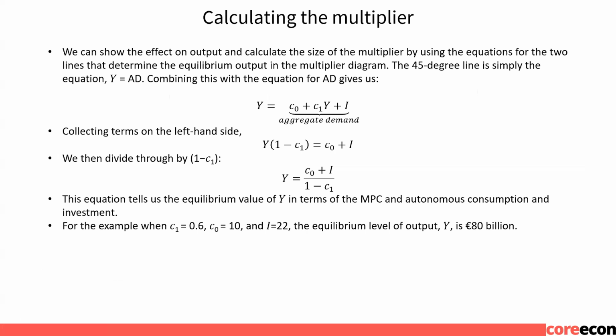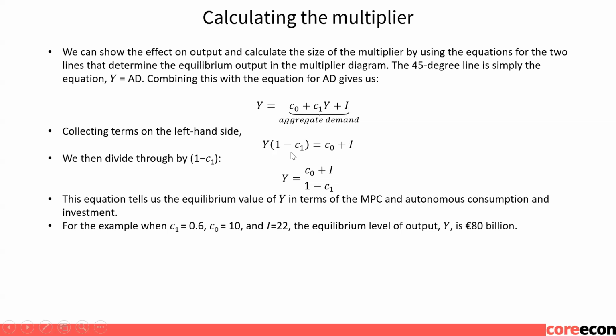Now let's talk about the analytics, what this model looks like, how we calculate the multiplier after all. So we said that at equilibrium, income is determined with aggregate demand. And it's composed of the autonomous components, C0 and I, and a part that depends on income, C1 times Y, right? So we have Y here, let's get them together. We have Y times (1 minus C1) is equal to, since this one moved to the left-hand side, C0 plus I left on the right-hand side.